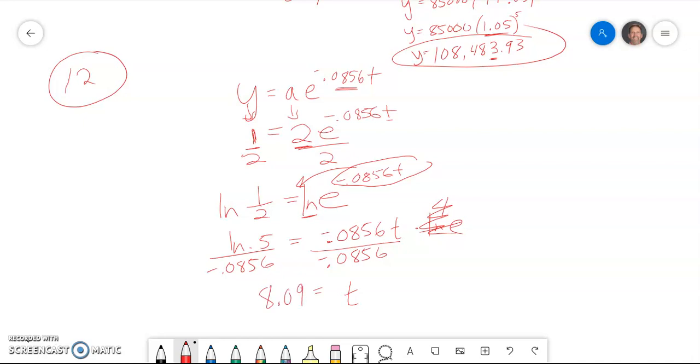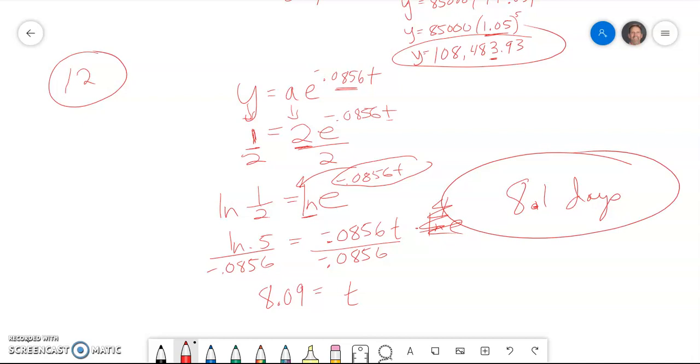And remember, this is time in days, not years. The problem will specify what the time is. So I would say it would take about 8.1 days for that iodine to decrease all the way down to half as much.